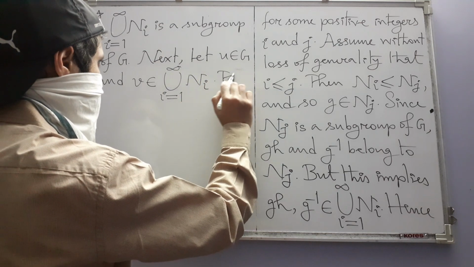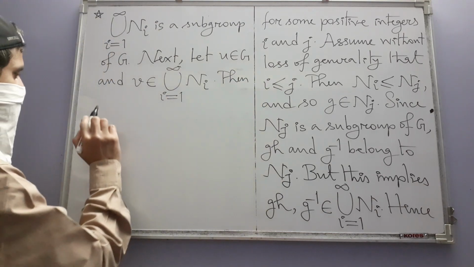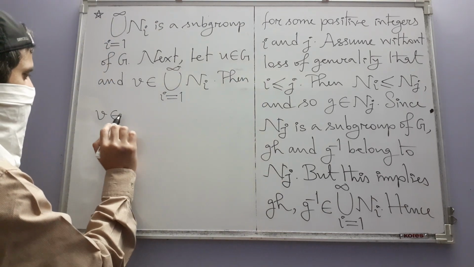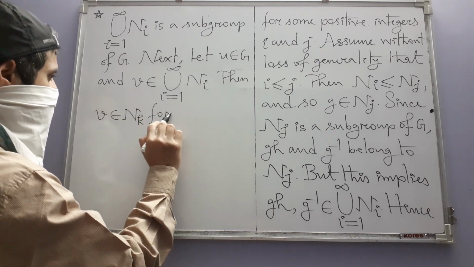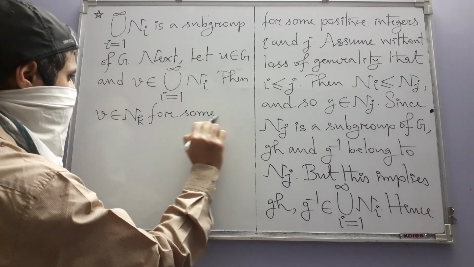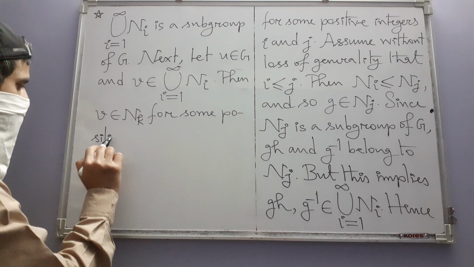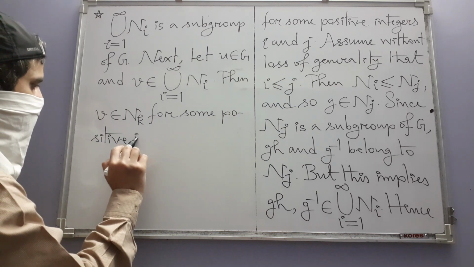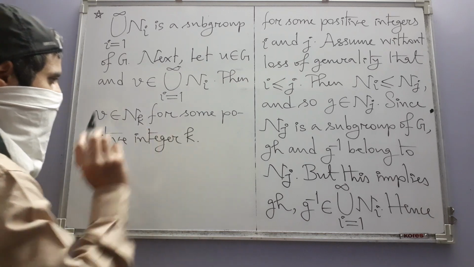Then since V belongs to the union, it belongs to one of the Ni's, then V belongs to say Nk for some positive integer k.